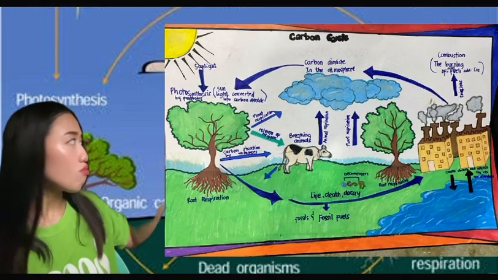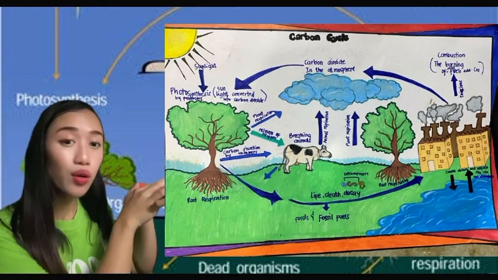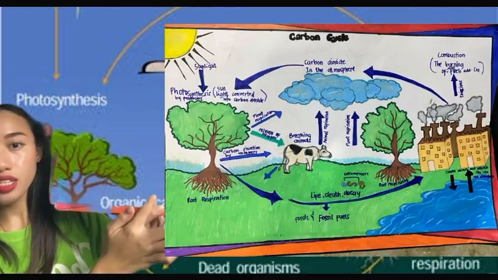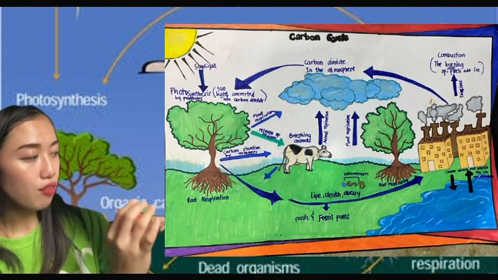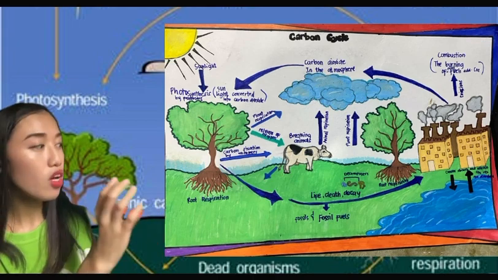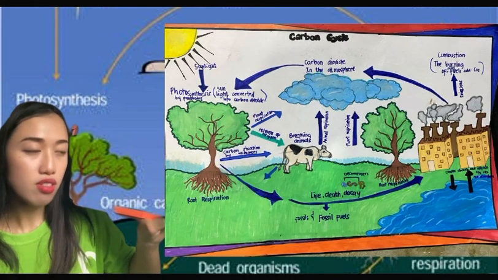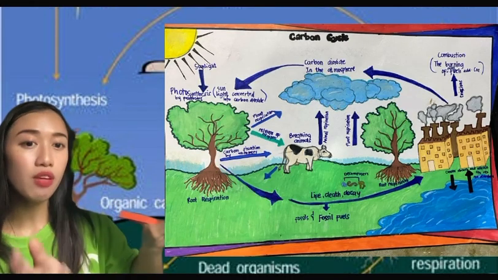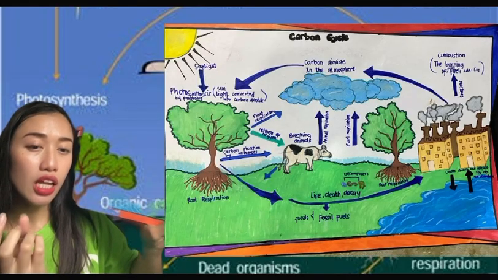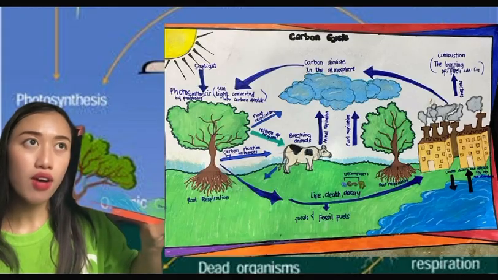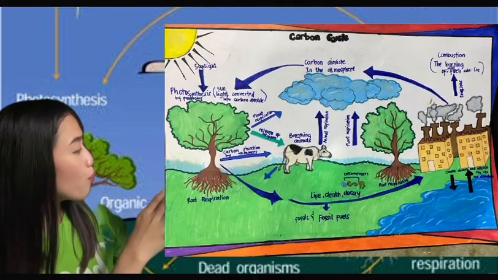That is why, in the life, death, decay, and decomposers part, there's an arrow going down that states fossils and fossil fuels, because over millions of years, this organic matter will be converted into natural gas, coal, and oil.